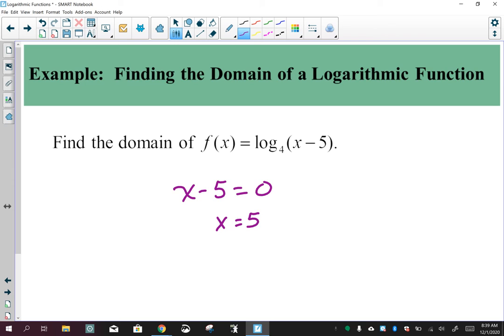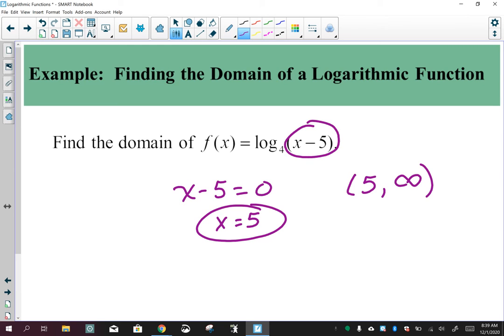And so when I take a look at this, what I want to notice is that instead of starting at 0 and having 0 comma to infinity, I actually have to start here at the 5. But I cannot include that 5. So my domain goes from 5 to infinity, because I need to make sure that this whole entire thing never goes to 0 and it's always going to be positive.